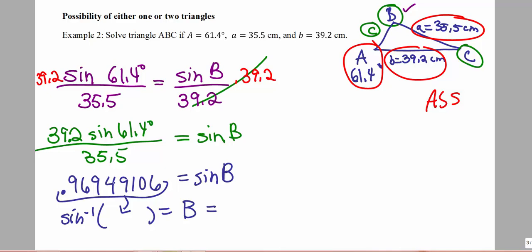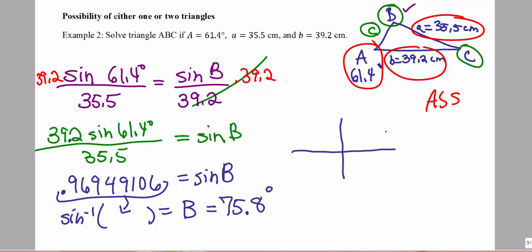Since the sine value is positive, we know that it'll spit out an angle from quadrant 1. So the quadrant 1 angle that we get is 75.8. We're going to go ahead and round to the nearest tenth. So 75.8 degrees.